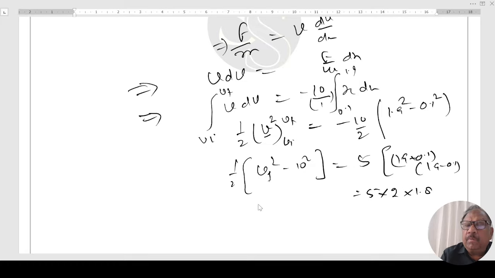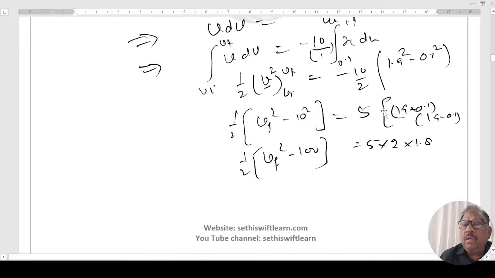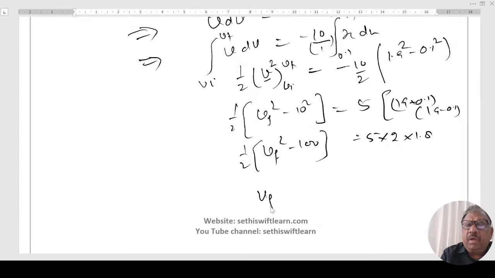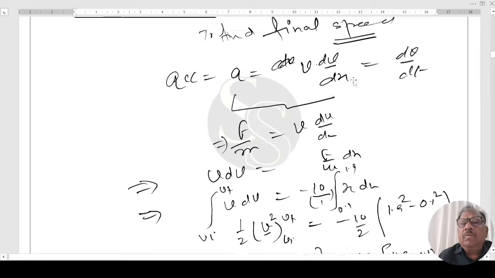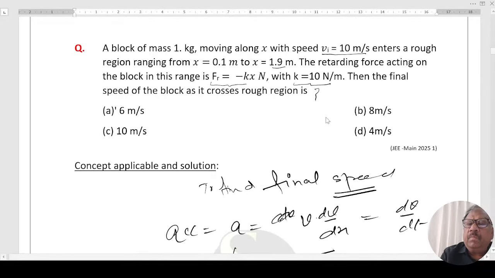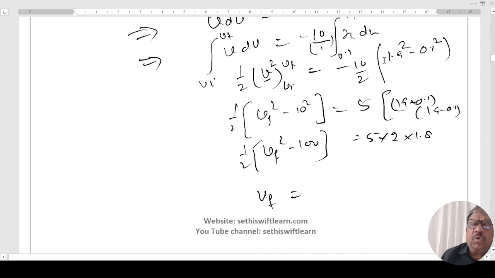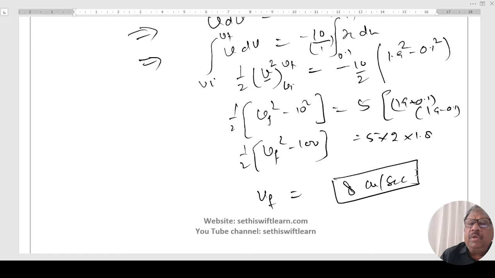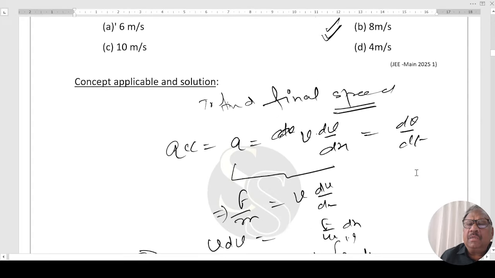That comes out to be 1 by 2 into Vf square minus 100. Right? On simplification, we get Vf equal to 8 meter per second. Simple calculation is pending; you can solve it and find that on simplification we get 8 meter per second. B is the correct answer.